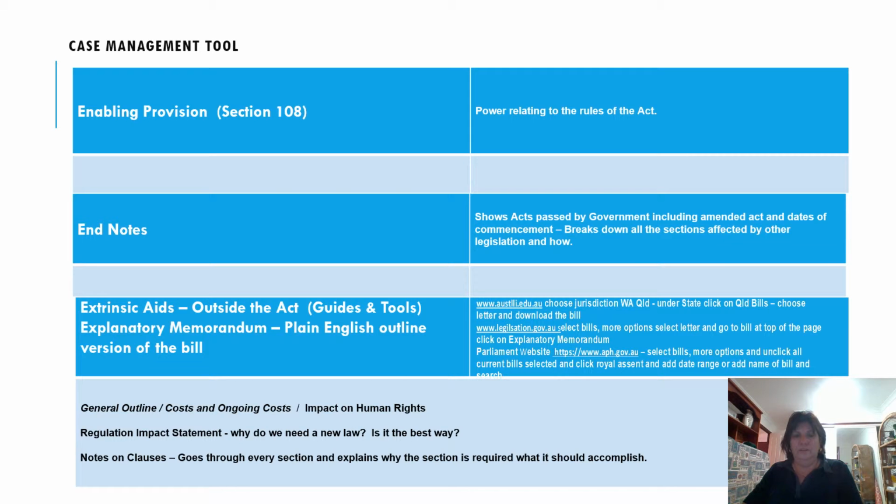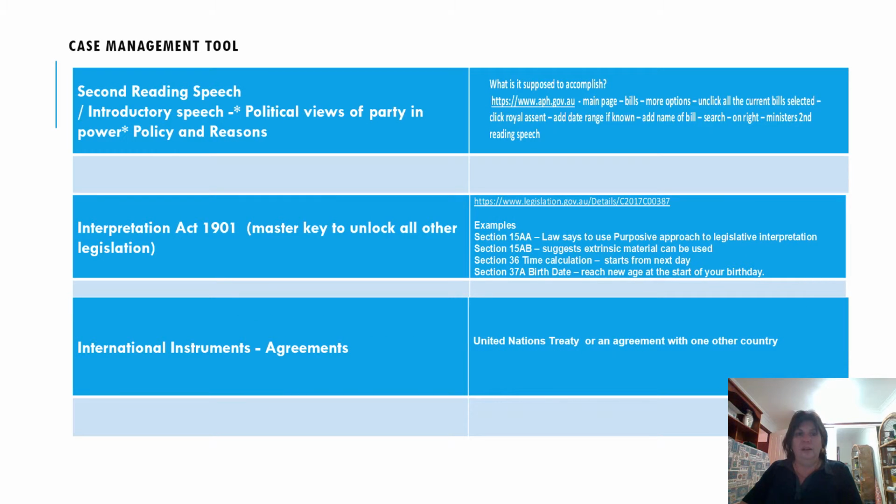Notes on clauses, go through every section and explain why the section is required and what it should accomplish. Next is the second reading speech, which is the introductory speech. You have to be careful because this can contain political views of party and power, but it gives policy and reasons. It gives what it is supposed to accomplish. You can go to the government website and click on bills and more options, and this will bring it up.